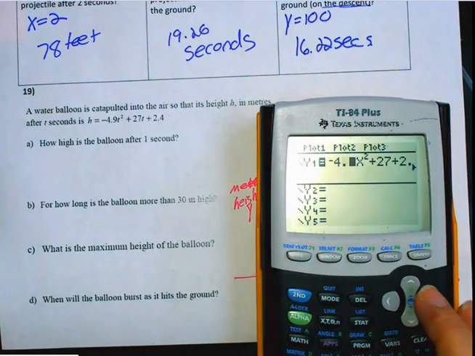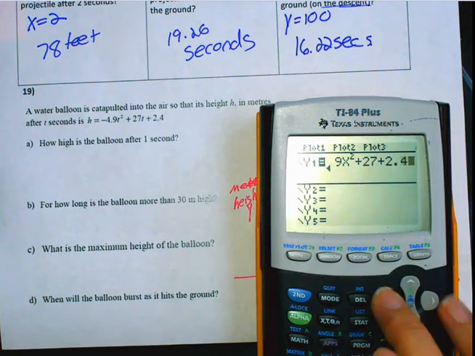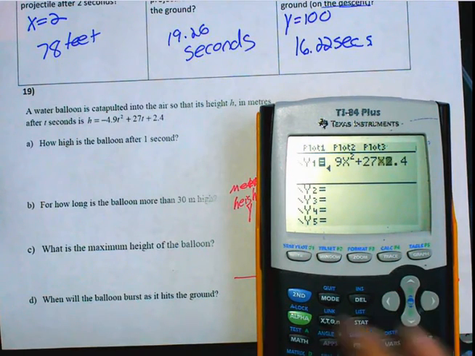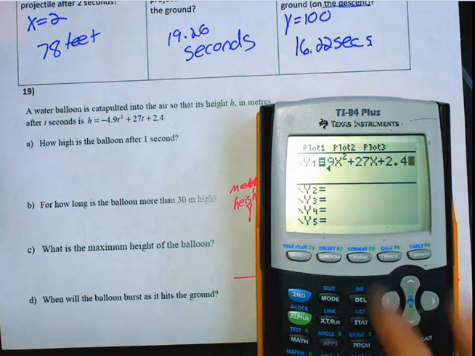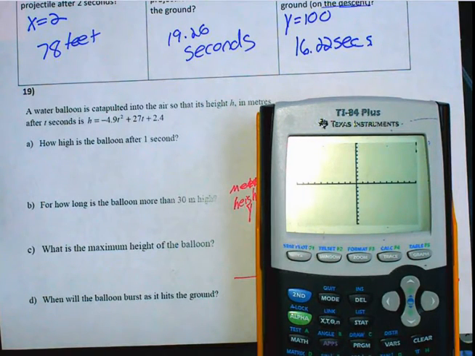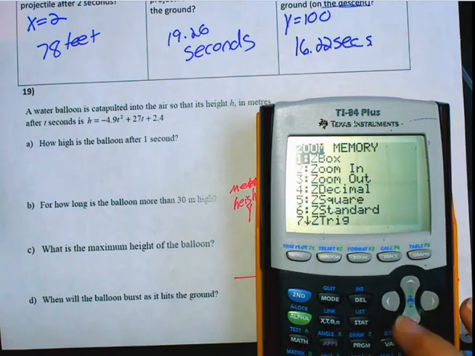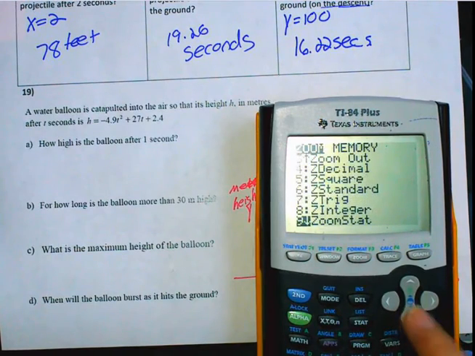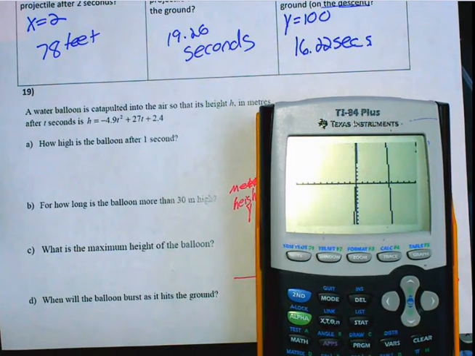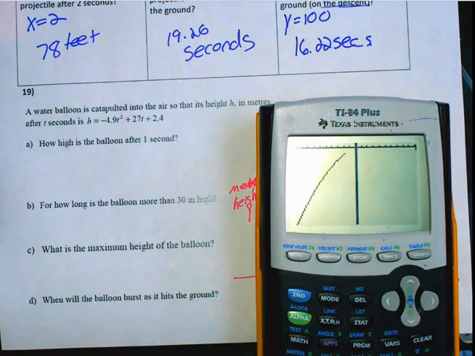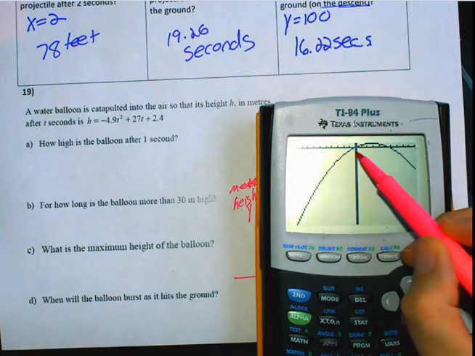Okay, I went ahead and put in the formula that it gave me. Okay, and then we're going to do zoom 6. Notice that again, it's very difficult to see. So we're going to do zoom fit. This is still a little unclear here.